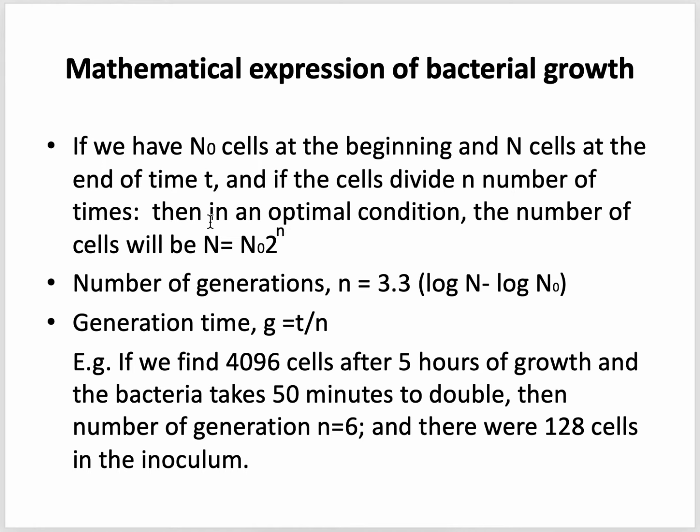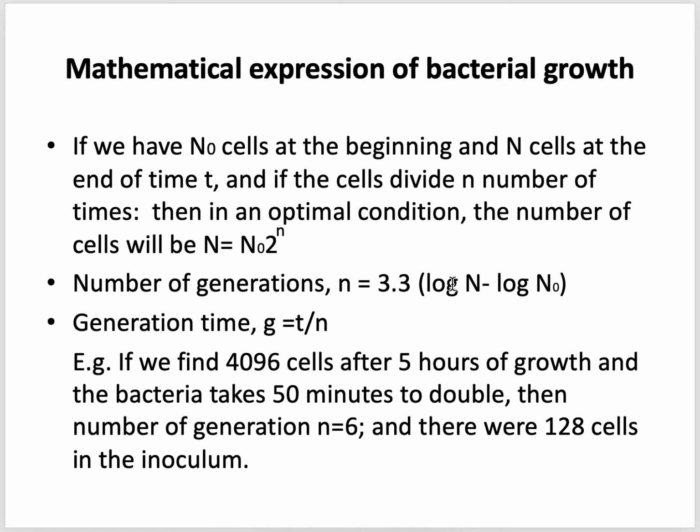From this equation, by taking the logarithm on both sides, the equation becomes: the number of generations n equals 3.3 times (log N minus log N0). From this equation we can calculate the number of generations, and also the number of cells after time t.